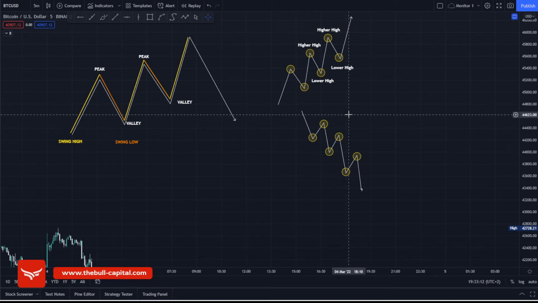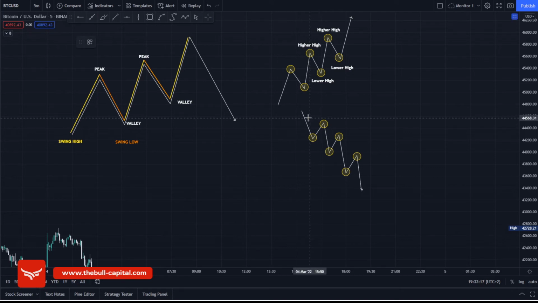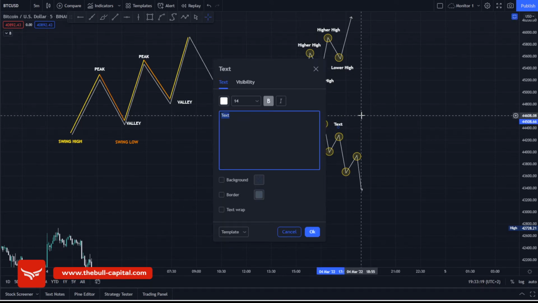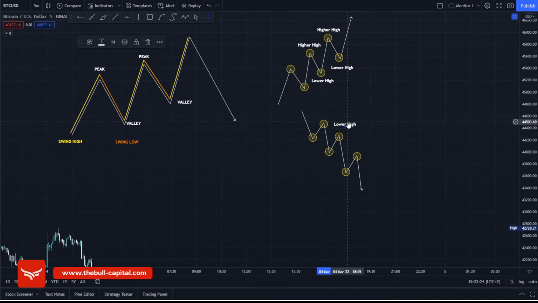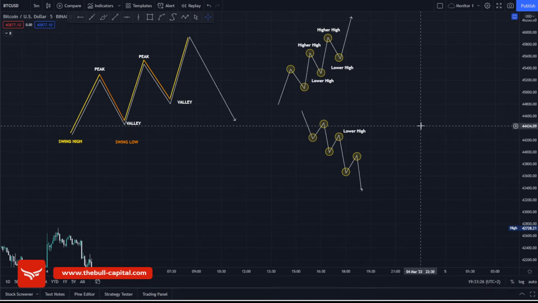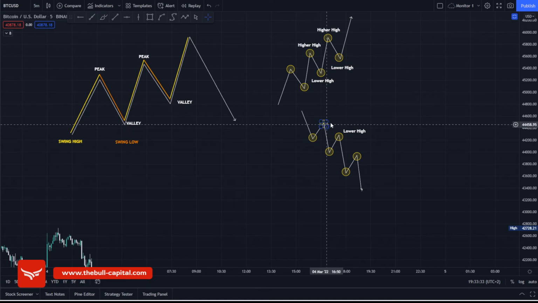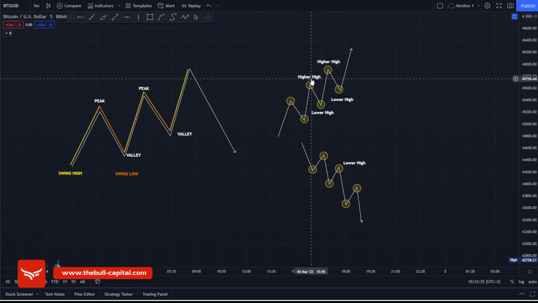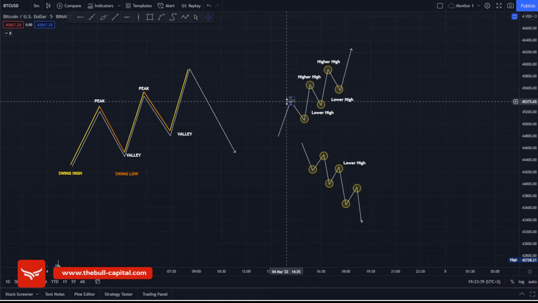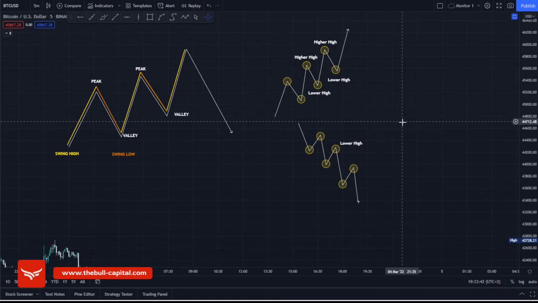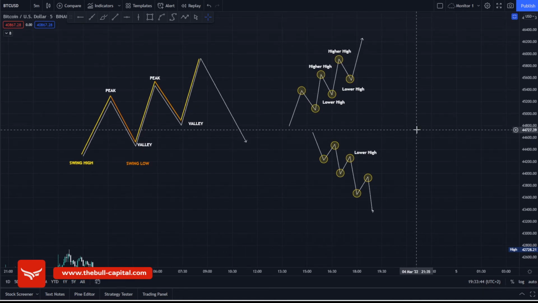That's called a lower high, and we're gonna write here lower high. Why is it a lower high? Because it's lower than the previous high. And here it's a higher high because it's higher than the previous one. Hope it's easy to understand.